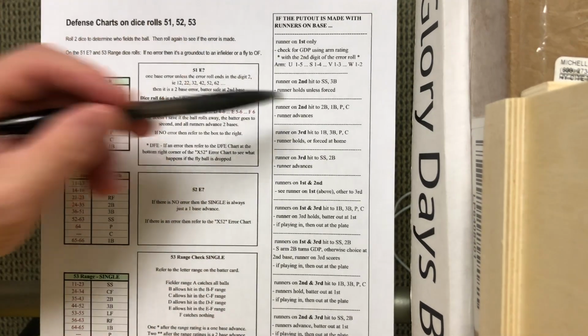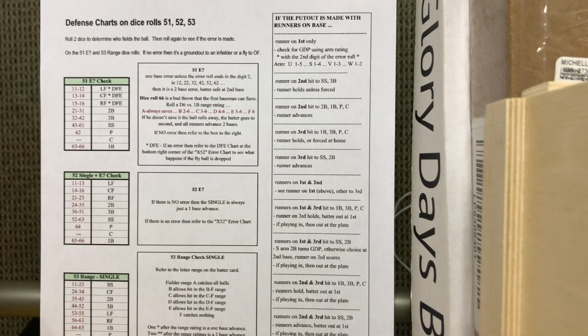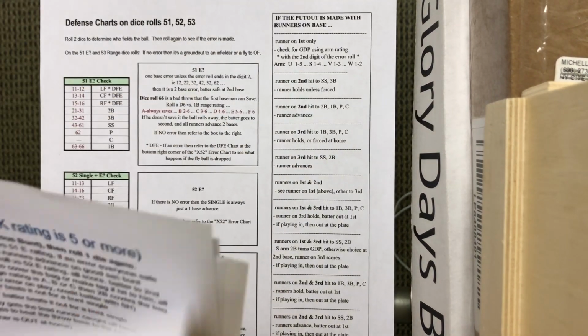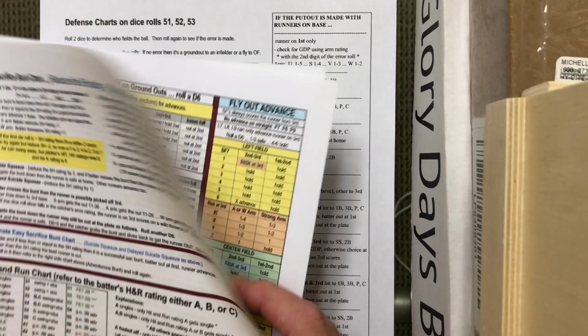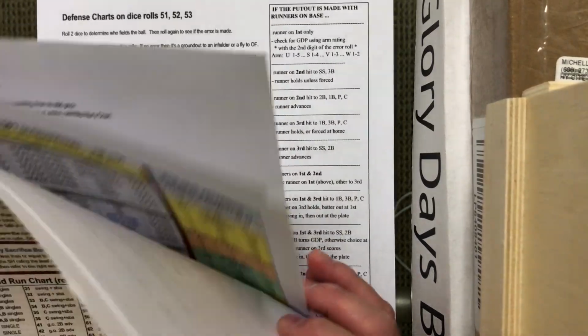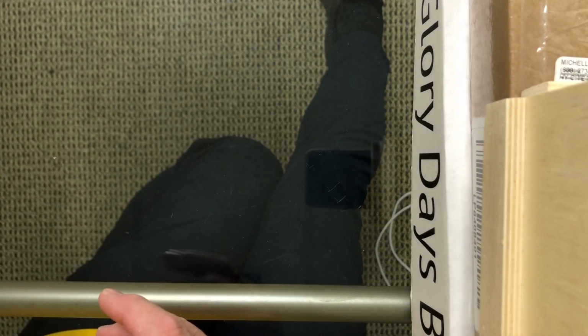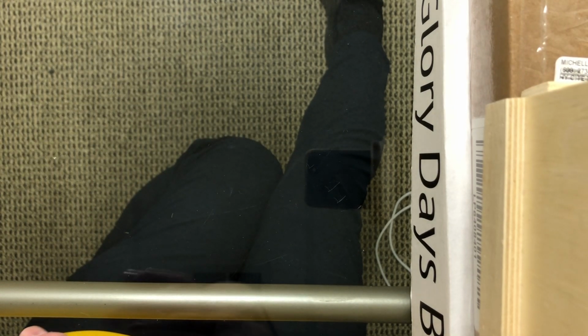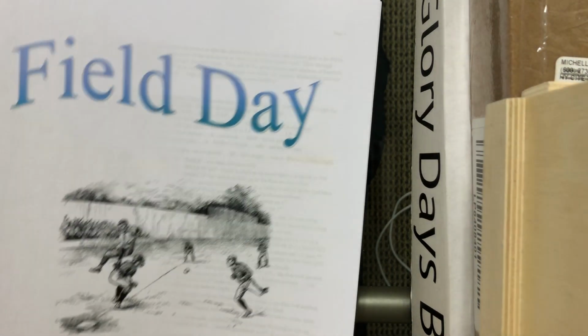This tells you how runners advance depending upon where the out is made. These are the charts for the game. These are the extra pages. That's it. Everything else is contained on the batter cards themselves. We'll look at those in a moment.